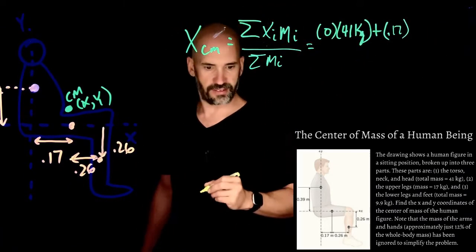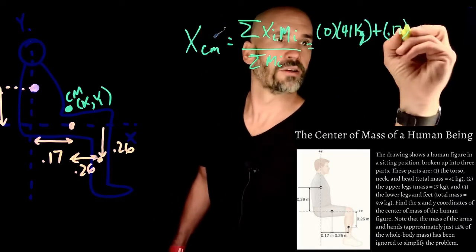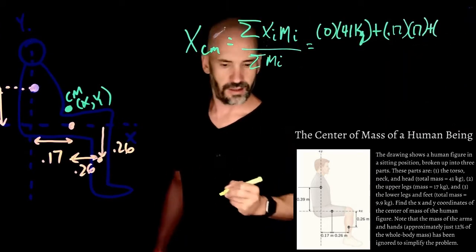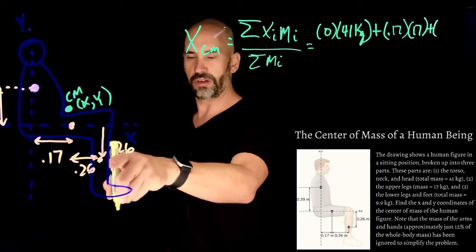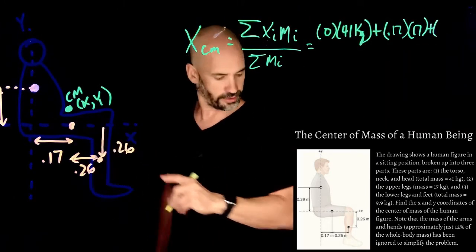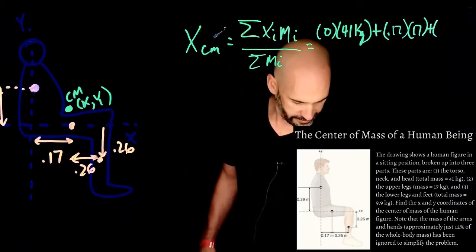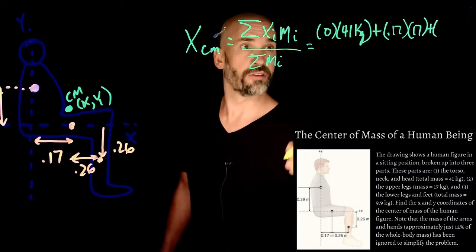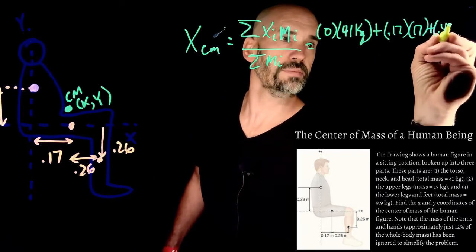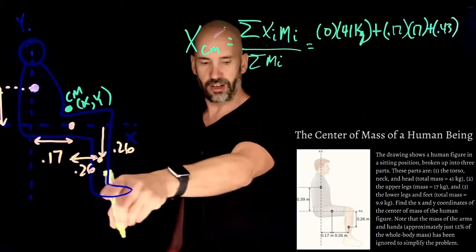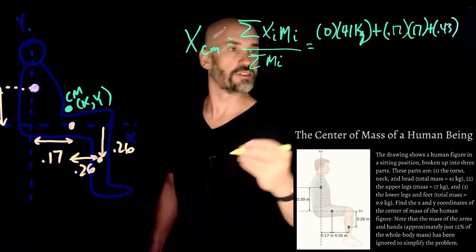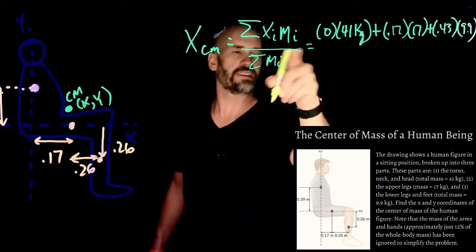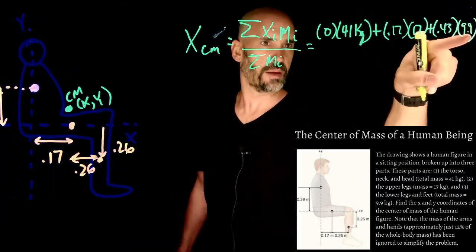And the mass of the upper legs is 17 kilograms. And then the x-coordinate of the lower legs? Well, we've got to add our 0.17 and our 0.26, and I get 0.43. And the mass of the lower leg is 9.9 kilograms.